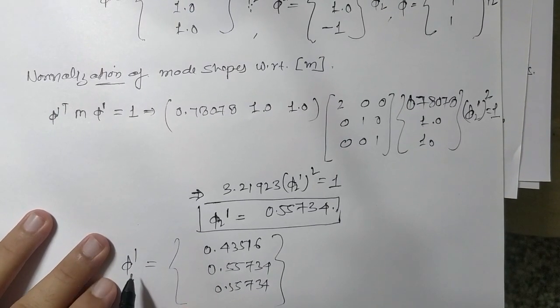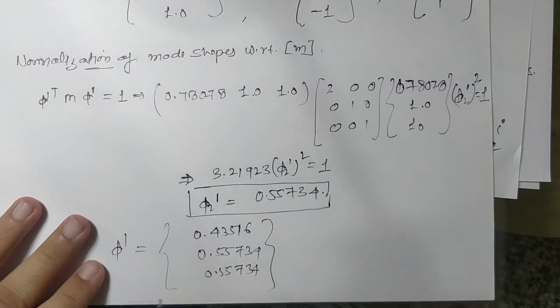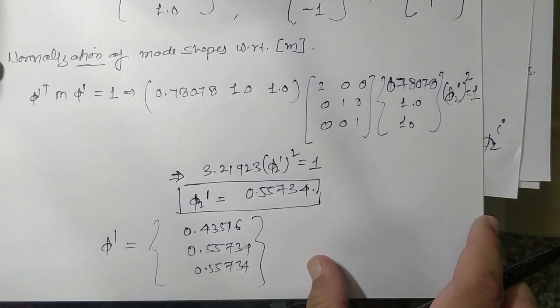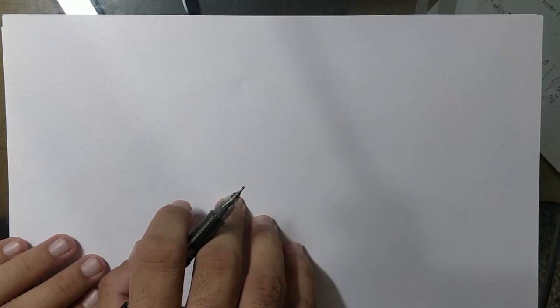So this is our normalized first mode shape. Similarly, we can get the second mode shape in normalized form. So now we will find out the value of the second normalized mode shape.